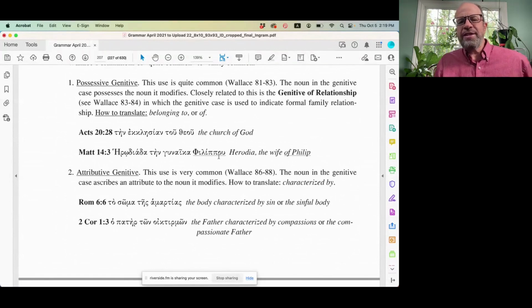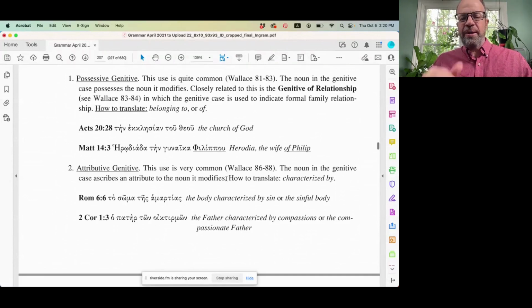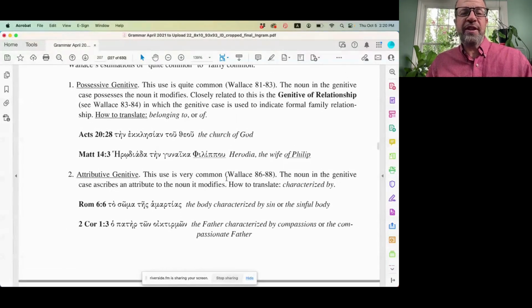That's the default understanding of genitives of apposition. But there is also a particular use of genitive of apposition when the head noun is not in the genitive case, and the noun in the genitive further qualifies it. But I'm getting ahead of myself. So we're looking at the list here.